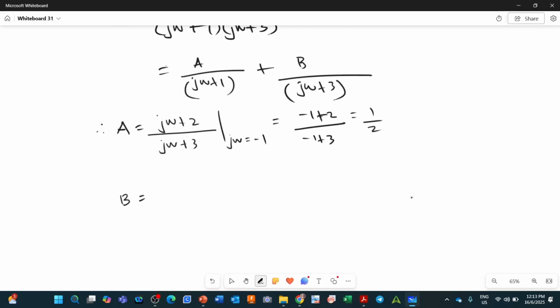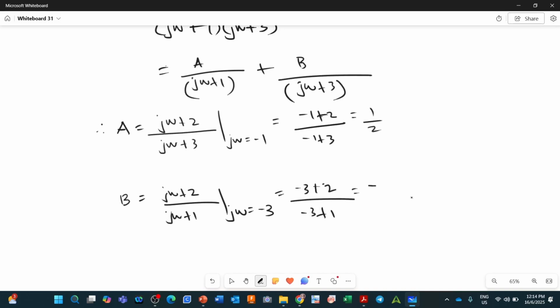Okay, B. Same way: J omega plus 2 over J omega plus 1, whereby J omega is equal to minus 3. Substitute minus 3 plus 2, divided by minus 3 plus 1.